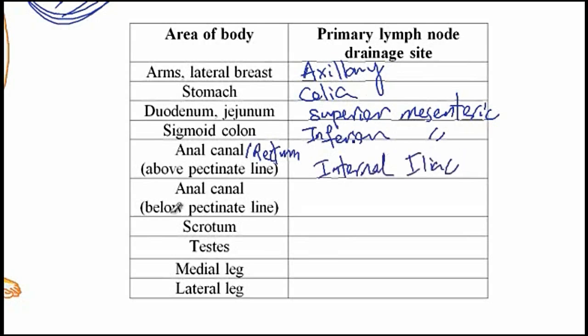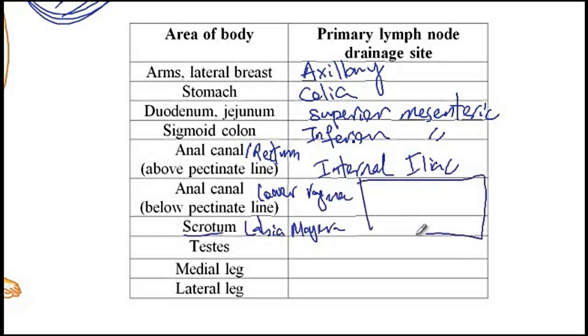And then anal canal below the pectinate line, scrotum, labia majora, and the lower portion of the vaginal canal will all go into the superficial inguinal lymph nodes.